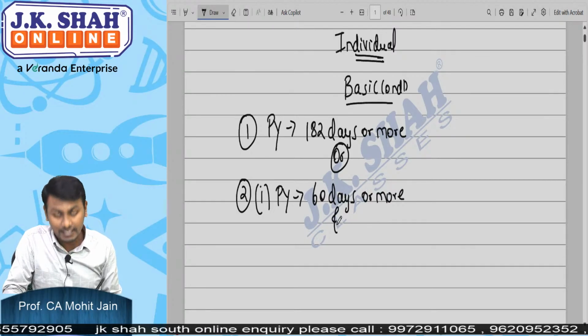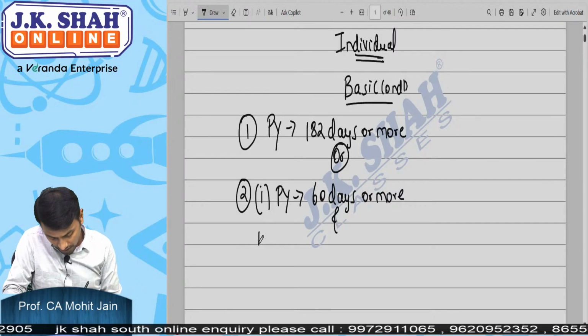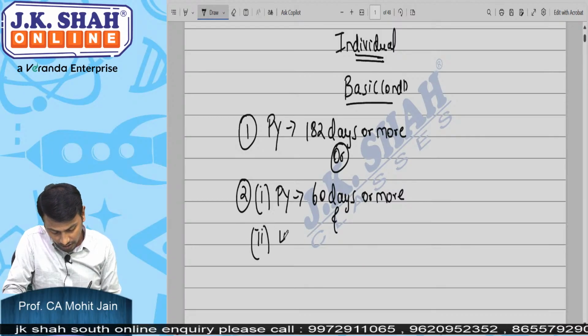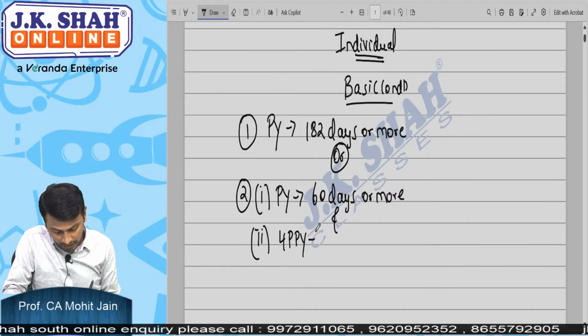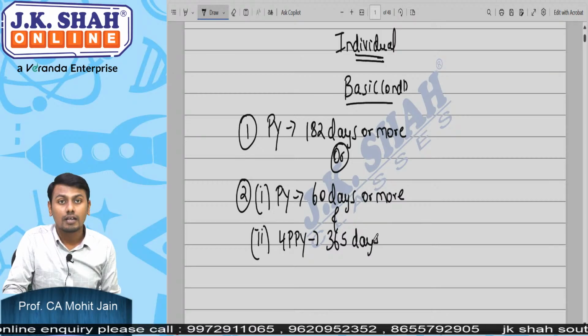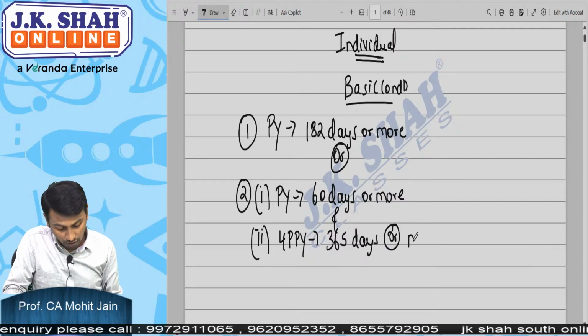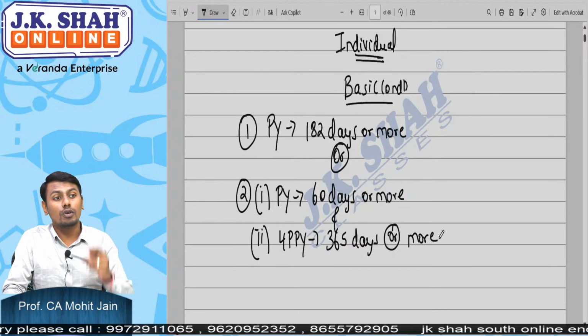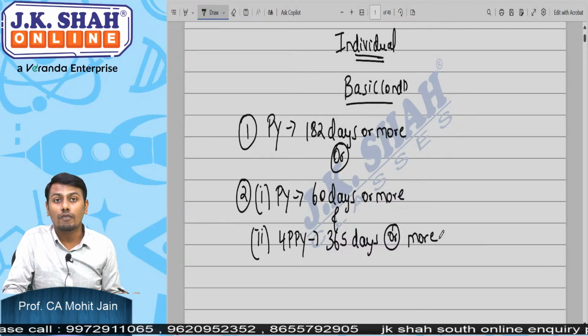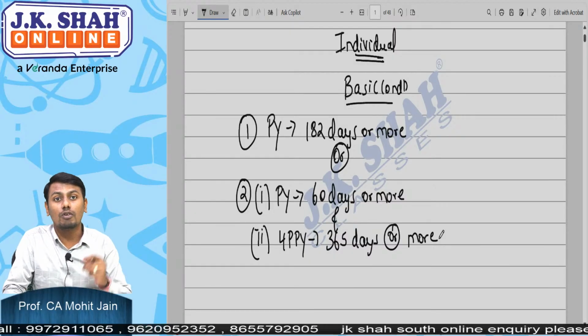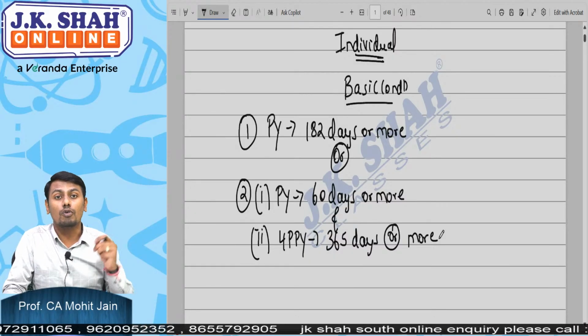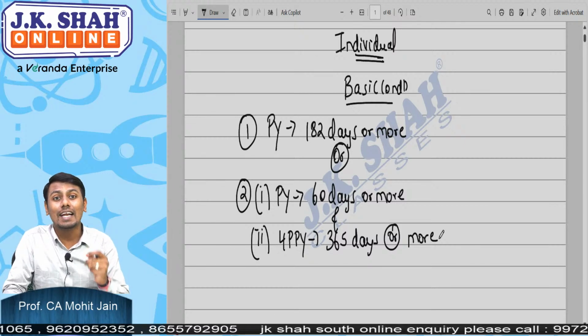And the second sub condition is, in the 4 preceding previous years, you have to be in India for 365 days or more. So if you satisfy any one of the two basic conditions, then you will become a resident of India.